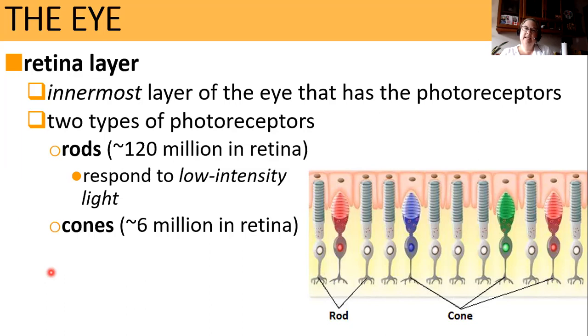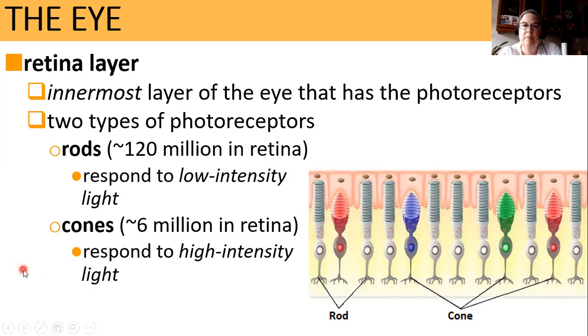Low intensity light is like the light in your bedroom when your lights are all shut off at night, right? You have the street light coming in, so you can still see the shapes of things in your room, but you can't see all of those colors. So cones respond to high intensity light, and cones allow us to identify color. Rods are low intensity light, and we can't see color.